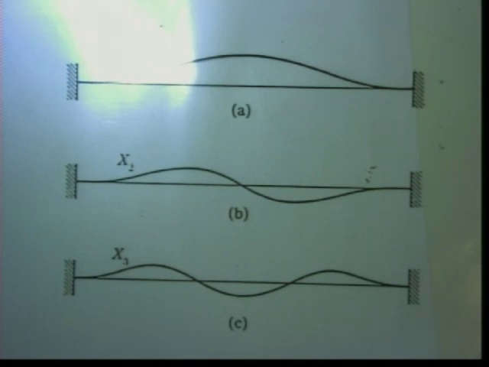Now, first mode is symmetric with respect to middle cross-section. Please write it down. First mode is symmetric with respect to middle cross-section.